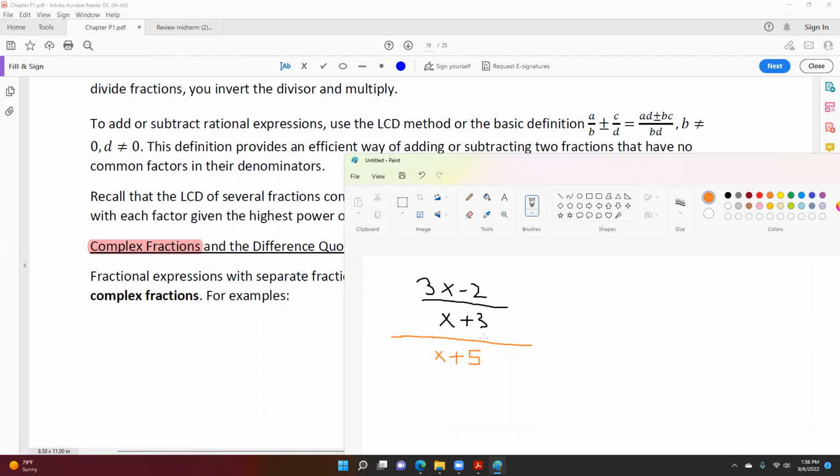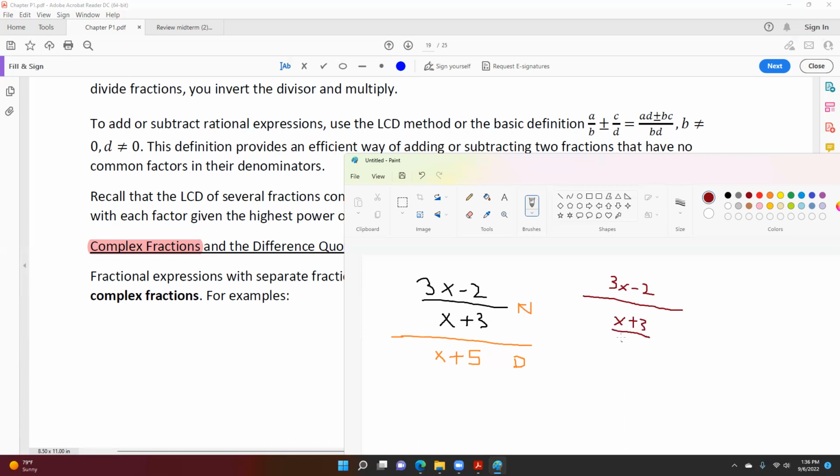I just want to point out that you should look at the complex fraction very carefully. The longer the line is, that means this is your numerator on top, and this is your denominator. It can be written this way, so you have to watch out which line is longer.